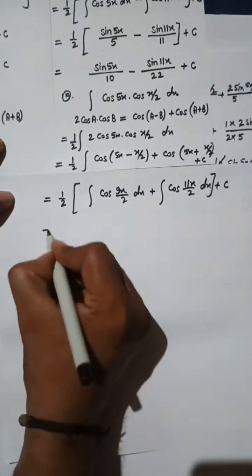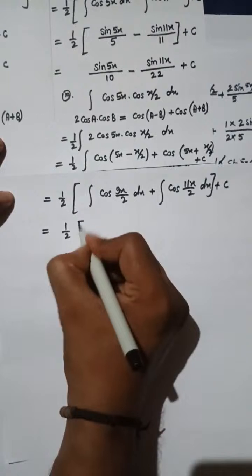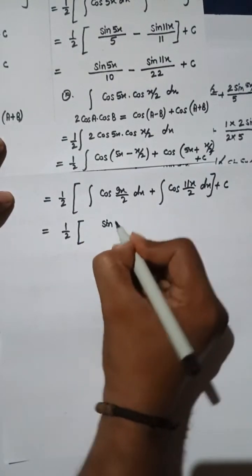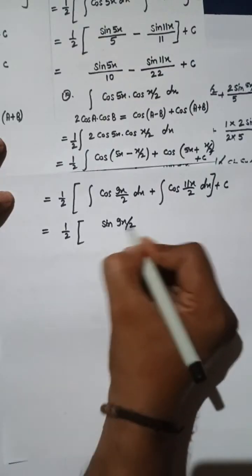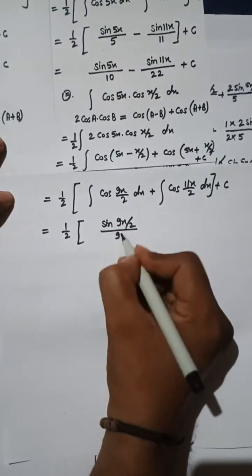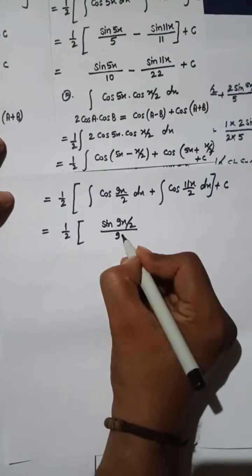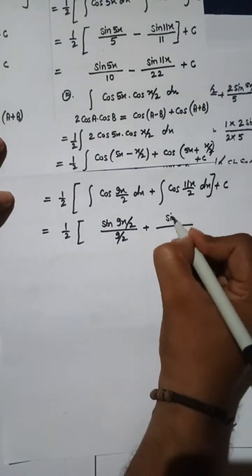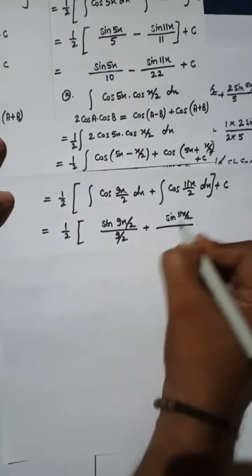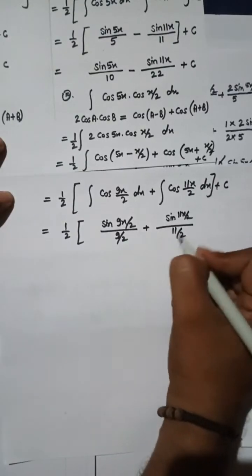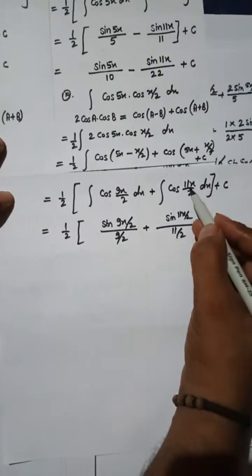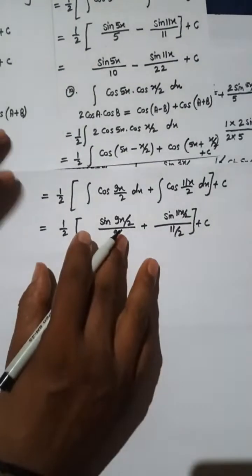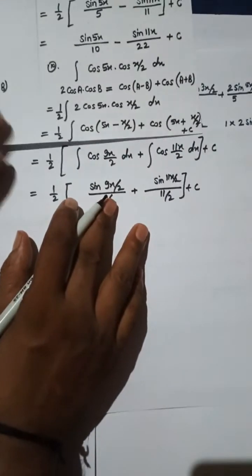So here 1 by 2, and then the integration of cos 9x by 2 is sine 9x by 2, and I'm dividing it by 9 by 2, plus sine 11x by 2, and 11 by 2 will be in the denominator because 11 by 2 is the coefficient of x, and on the last we have this term.